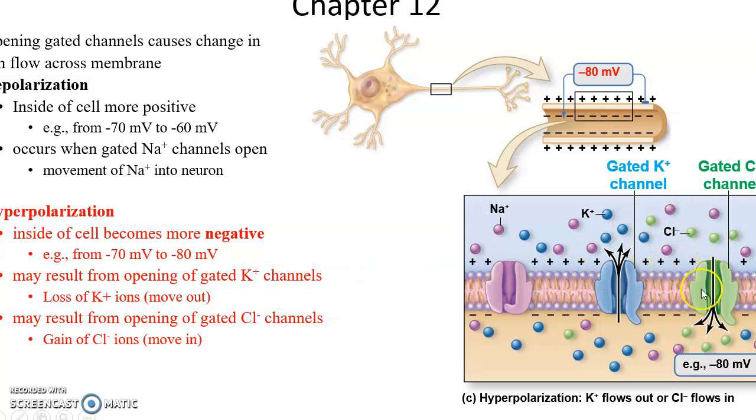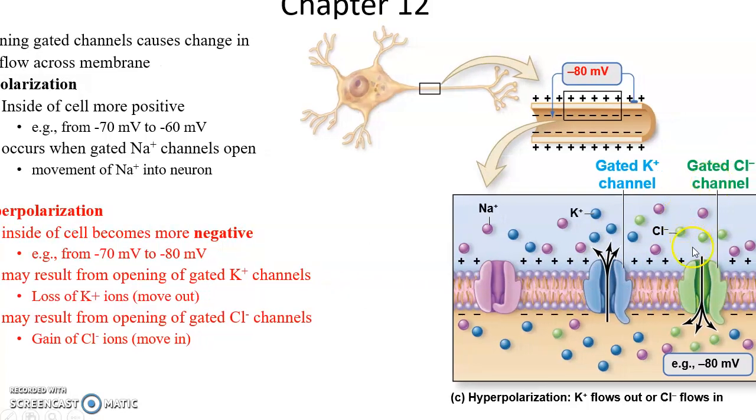Or it may be the result of gated chloride ion channels opening, allowing chloride ions to flow into the cell because chloride ions are negative. So when they enter the cell, they make the inside more negative. So either positive is leaving via potassium ions or negative is entering via chloride ions. So you might go from negative 70 millivolts to negative 80 millivolts. That would be hyperpolarized.